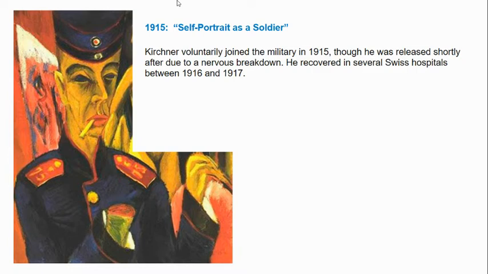Here's another artwork done by the same artist, and Kirchner is the artist, and he was in the First World War. He had a nervous breakdown from his experience of the First World War, and this painting really kind of shows that anxiety that he felt over his experience of being in the war. Look how the arm of the hand has been chopped off.